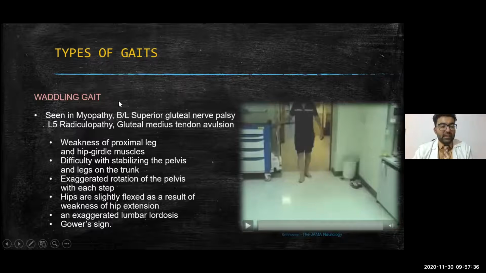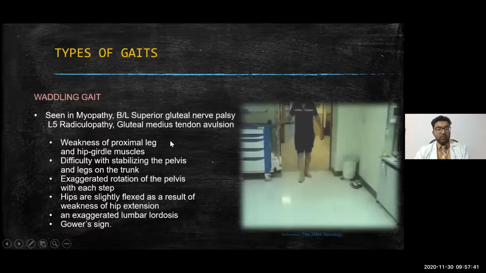Next is a waddling gait. In waddling gait, while we are making a move, we need our pelvis stabilized. To stabilize our pelvis, the abductors and extensors are required, which are supplied by the superior gluteal nerve. The muscle involved with stabilizing the pelvis is the gluteus medius.